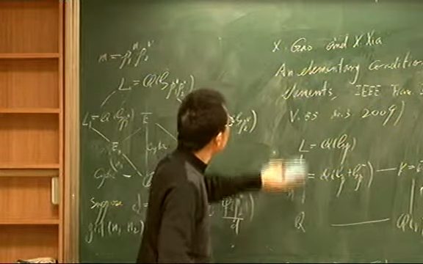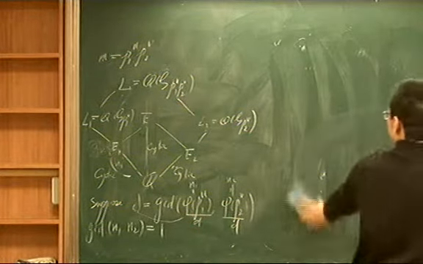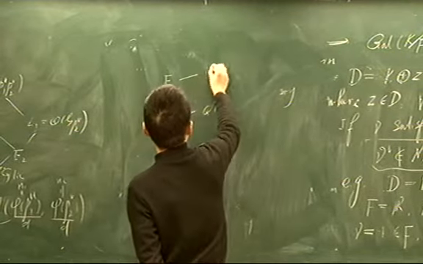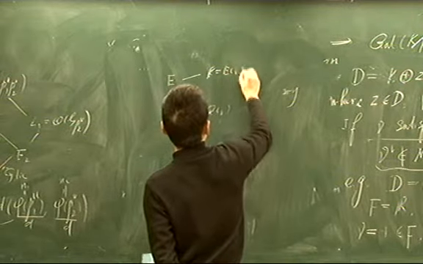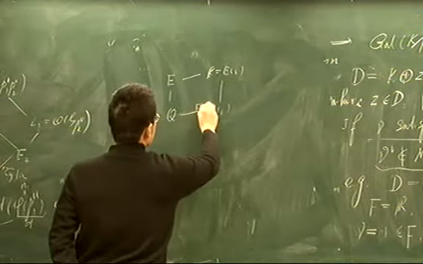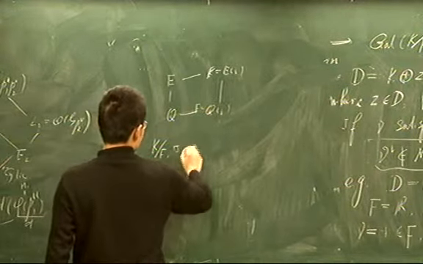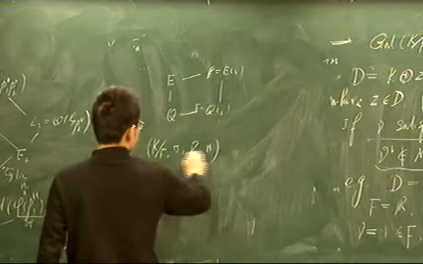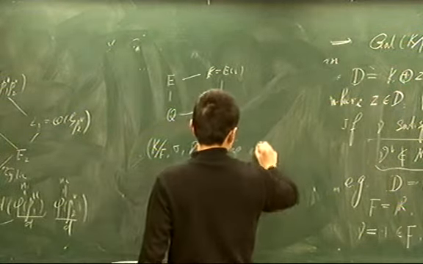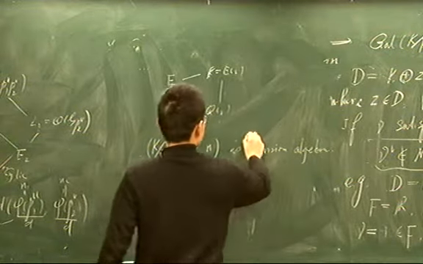We can give the result: E, Q(i), K, E(i), K. So we can get K, F, sigma, gamma, N, where N is the division algebra.